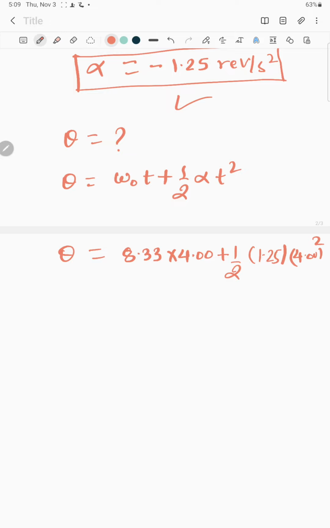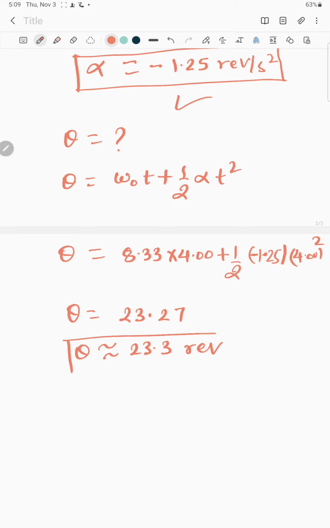This is a negative value, so I put the negative sign here, which makes it a subtraction. Putting it into the calculator, 8.33 times 4 minus 1.25 times 4 squared divided by 2, gives theta equal to 23.27, which is equivalent to 23.3 revolutions.